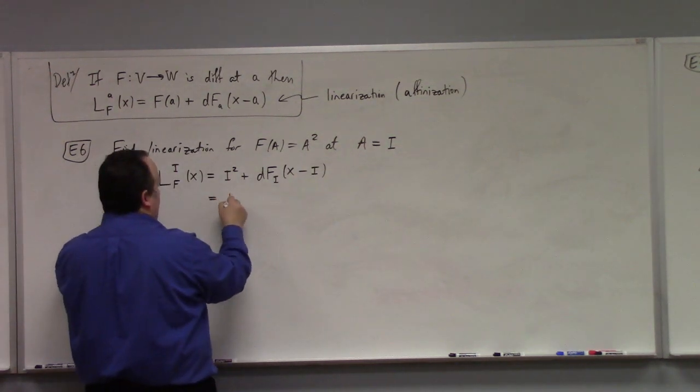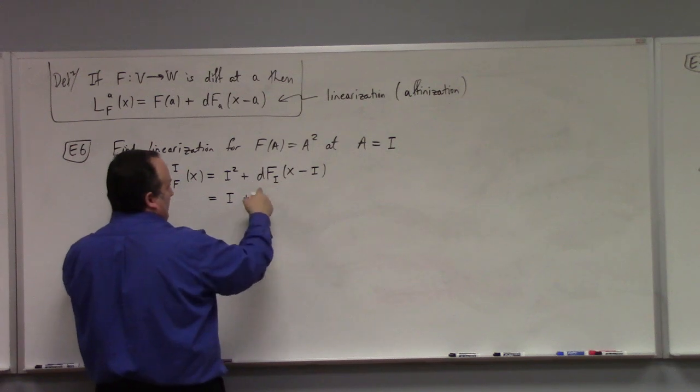All right, but what is that? The identity squared is identity. And the differential at the identity is what?